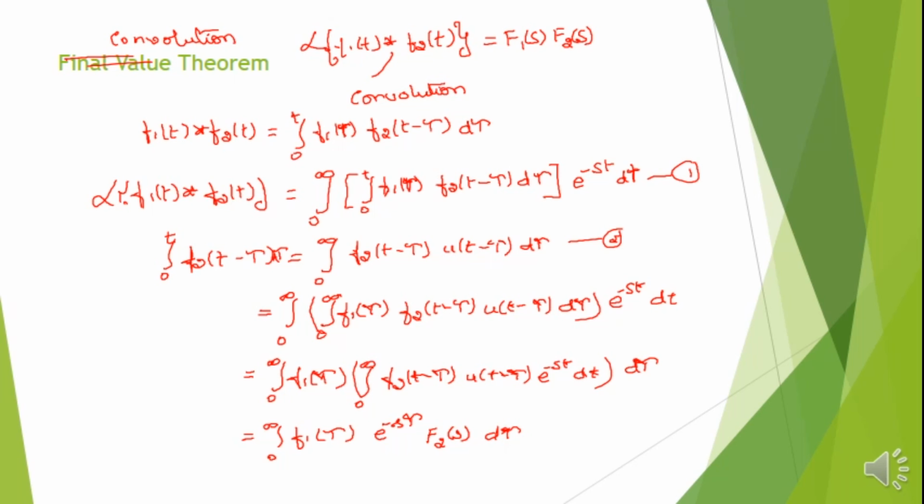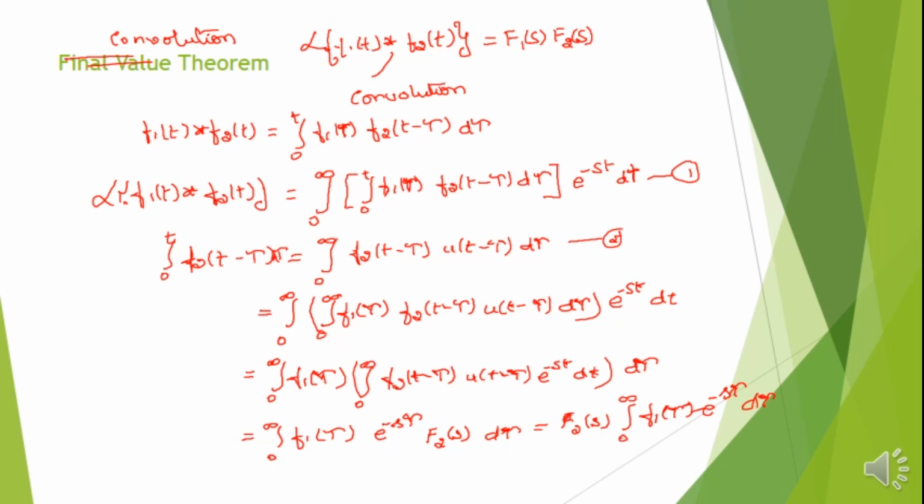So now this integration is with respect to tau and this is the constant. So it is equal to F2 of s times integration 0 to infinity f1 of tau e to the power minus s tau d tau.